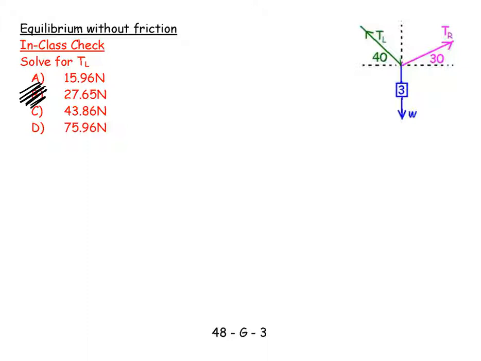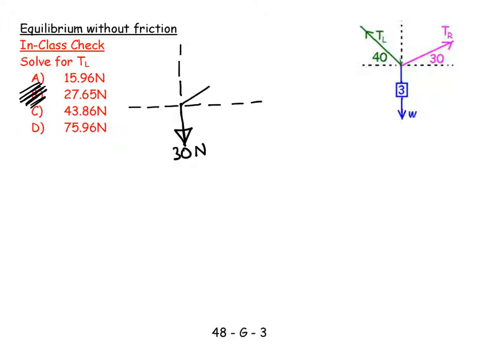So now I'd like to show you the second way using trigonometry, and I need a good diagram for this. So I'm going to lay out my diagram with a little bit of extra care. I know that the force downwards is 30 newtons.